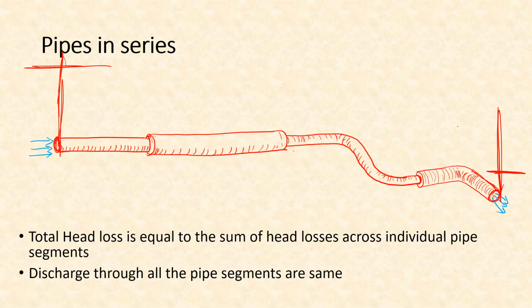In between, the head will be decreasing gradually. Suppose we try to draw this diagram, that is the hydraulic gradient line, then it will come like this, and it will end somewhere around here with a very small amount of head.